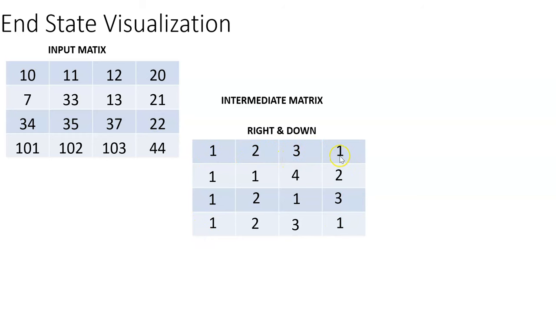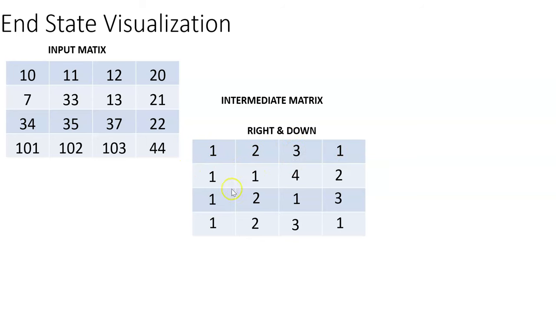But when you come to this cell, if you look at this entire row, how do we calculate it? If 10, 11, 12 and 20 is the input matrix given, the maximum path is 3, right? That's what should be the answer, 10, 11 and 12. So when you are calculating the max value in the end state table, what should happen is 1, 2, 3, and here 3 should come, because within this entire row, the maximum value is 3.